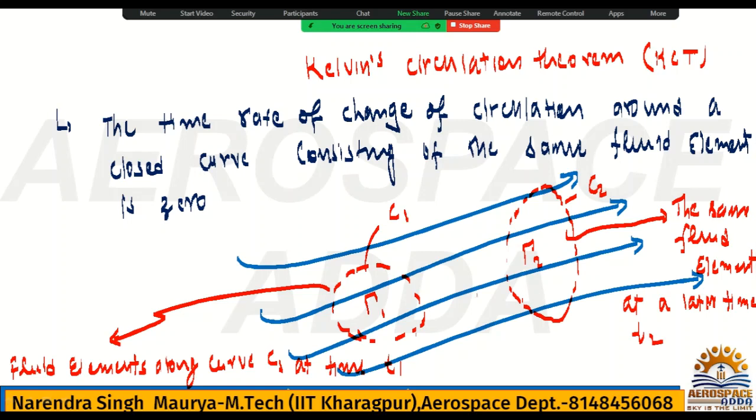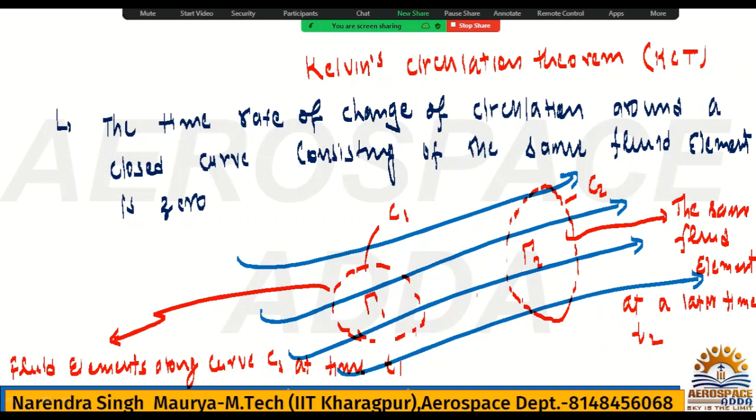So the same fluid element we have here for curve C1 and curve C2, but at different times, first T1 and after some time T2, the same fluid element is in curve C2.